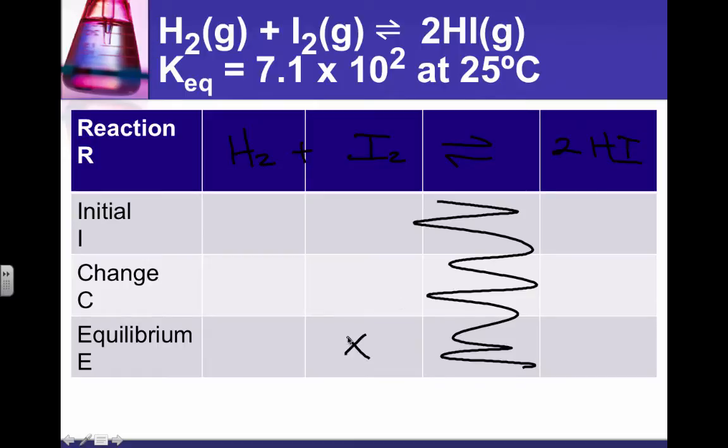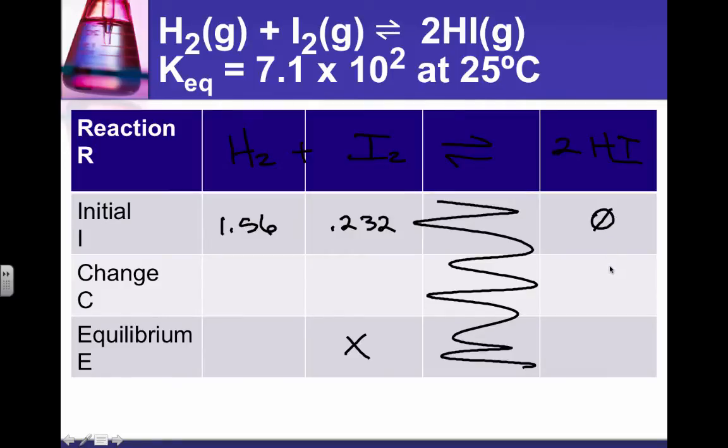I want to put my x in my equilibrium spot for iodine because that one runs out first. The molar concentrations we calculated before were 1.56 moles per liter for hydrogen and 0.232 moles per liter for iodine. And we'll start with 0 product.